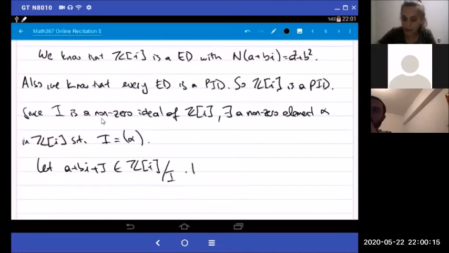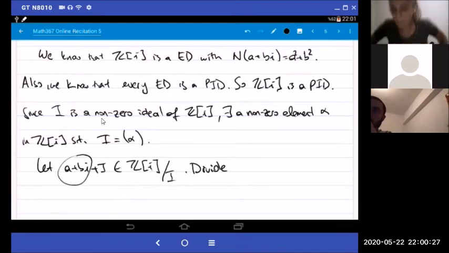Now we can apply the division algorithm here because Z[i] is a Euclidean domain. Divide this coset representative a plus bi by the generator of our ideal I, which is alpha.